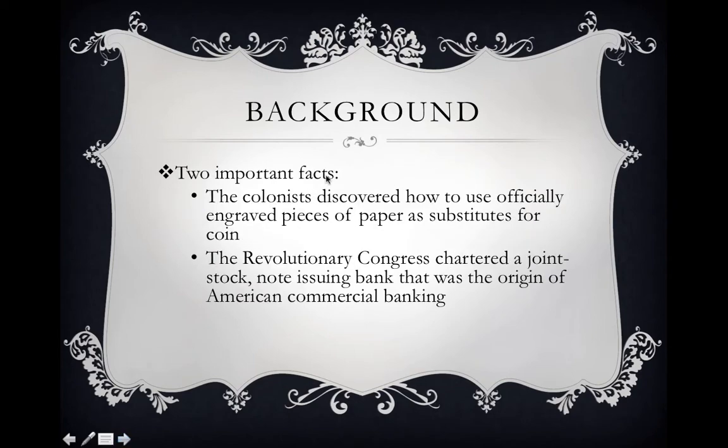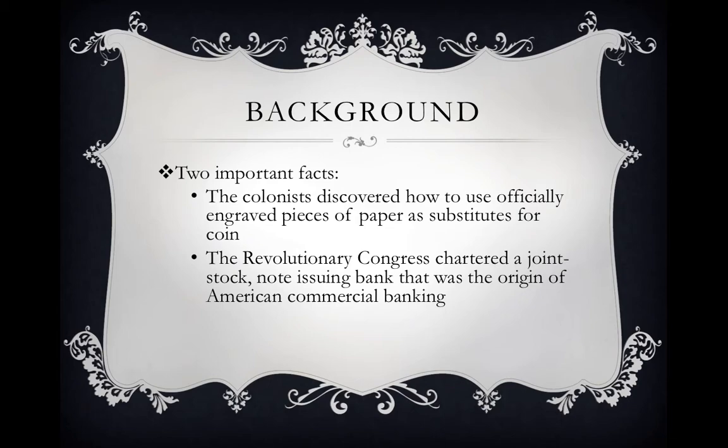All right, this specie shortage led to two important developments in the colonies. The colonies realized that they could use paper money to facilitate trade. They realized that this paper money, this quote unquote fiat currency, F-I-A-T, fiat means it's legal tender by government fiat, by government statement.